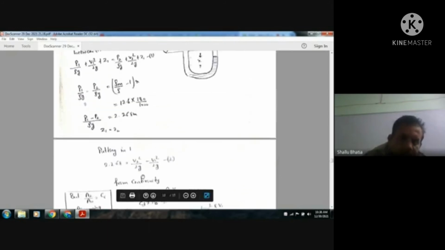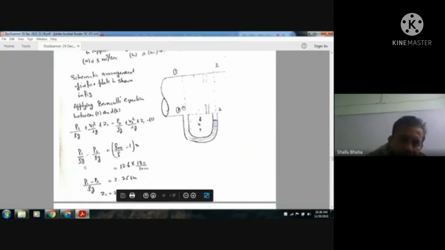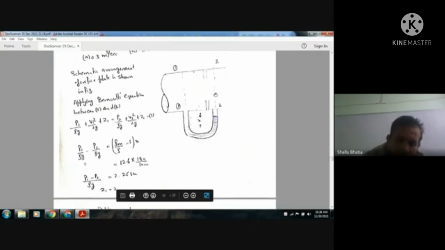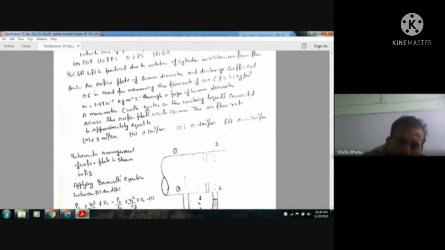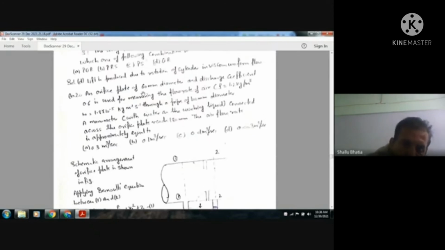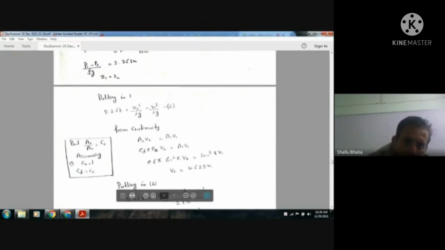So applying the continuity equation here, A1 V1 is equal to A2 V2. Here it is given that the diameter is 60 mm and the coefficient of discharge is 0.6. We assume that CD is 1, so whatever CD is there, that is CC, the coefficient of contraction, because CD is CD into CC.